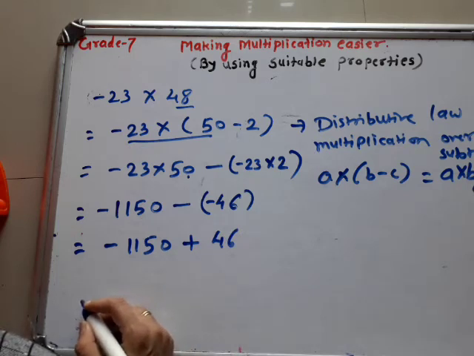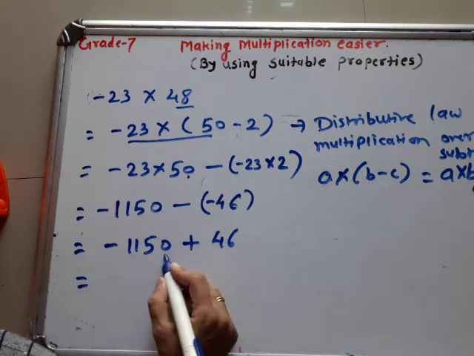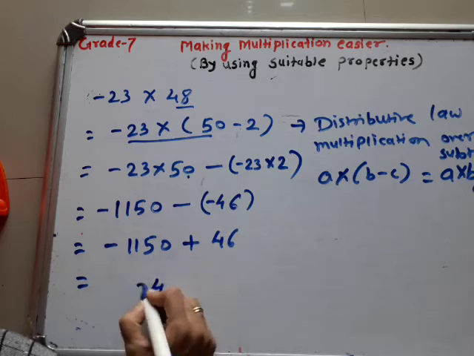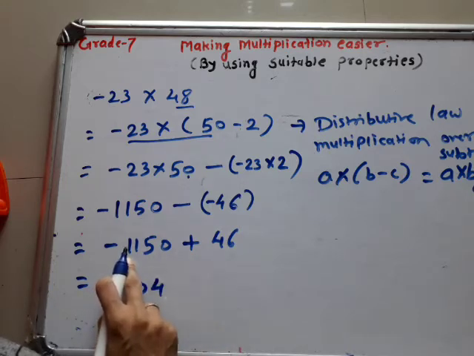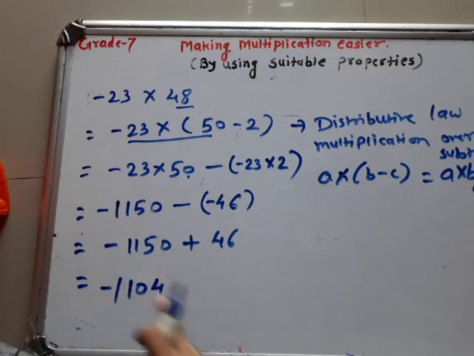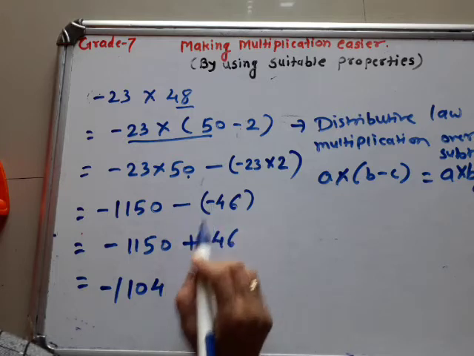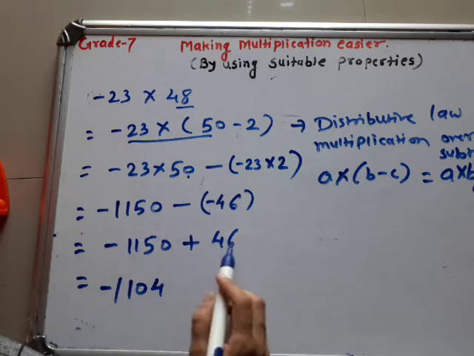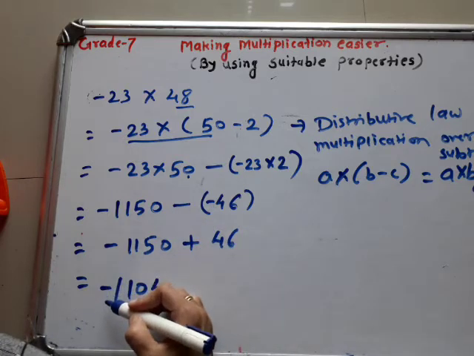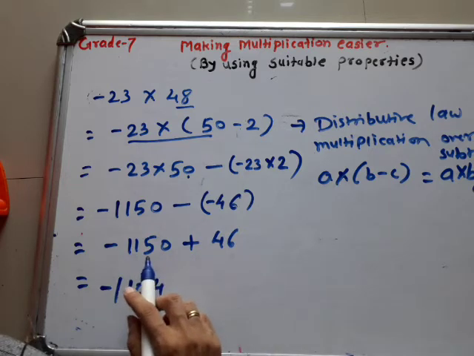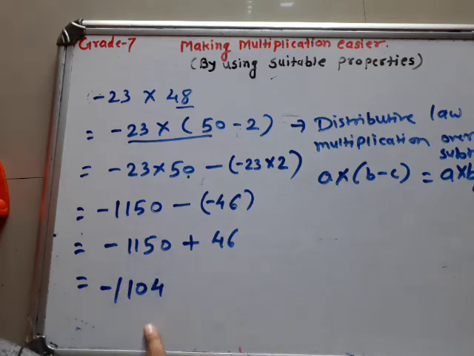So your answer: 10 minus 6 is 4, 4 minus 4 is 0, 1 is 1. And for the sign, you have to write the sign of the greater number. Remember this: minus minus plus. Here we have to use the minus sign because the greater number is 1150. So your answer is 1104.